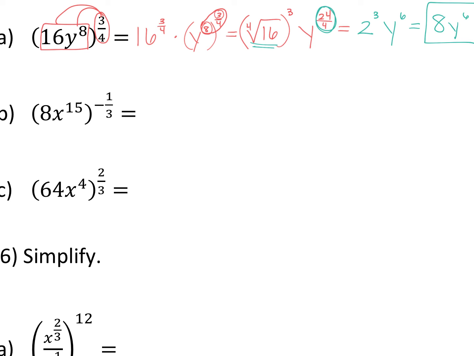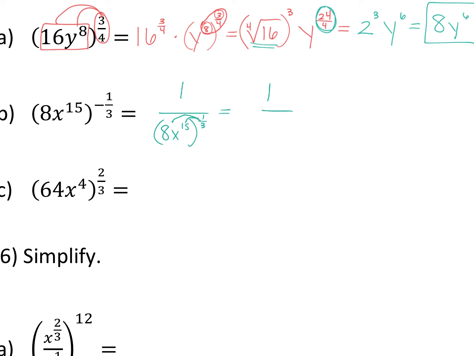I typically would just flip it right away, right? It's to the negative 1/3 power. So I would go 1 over, and if you want to write it like this, I don't have to see this step from you. If you can kind of do that part in your head, that's okay. But it would look like this, okay? Now we're going to take this to the 1/3, and we're going to take 15 times a third.